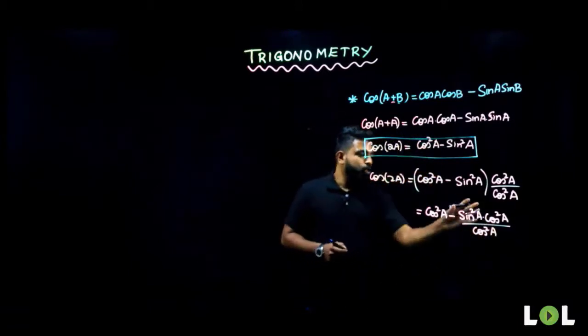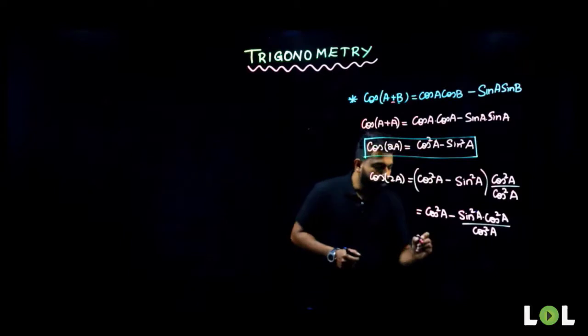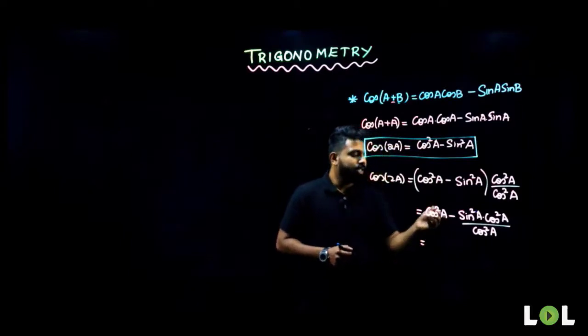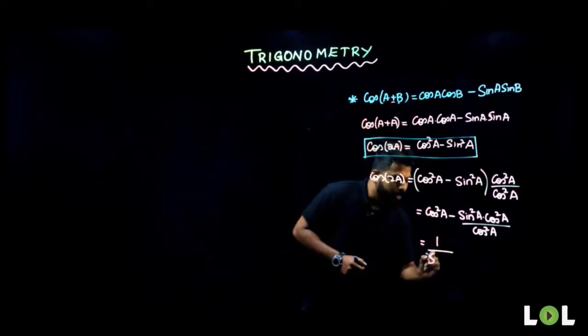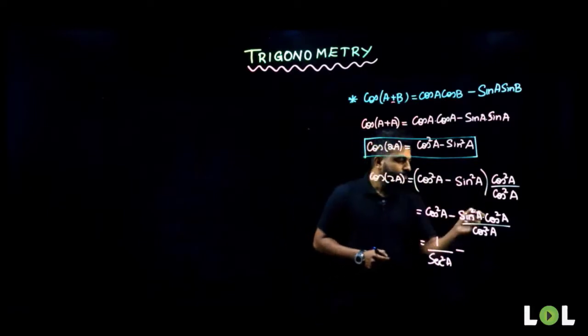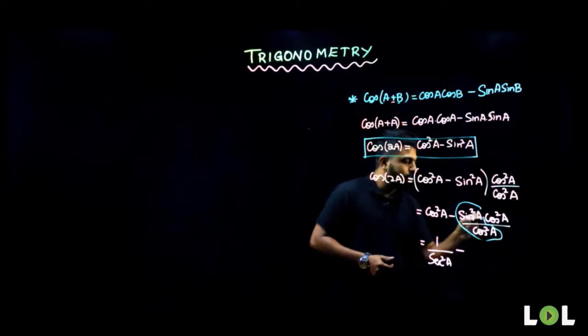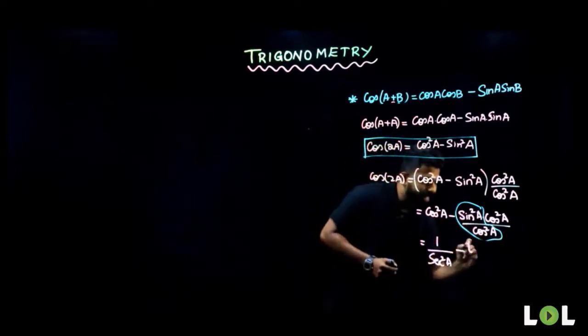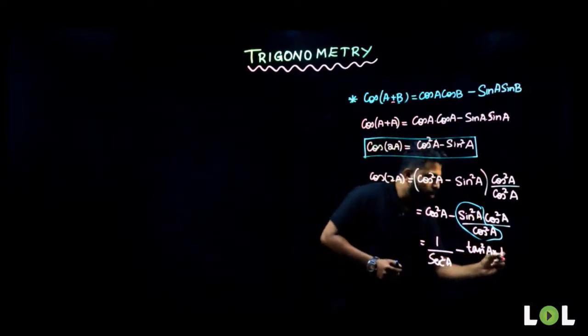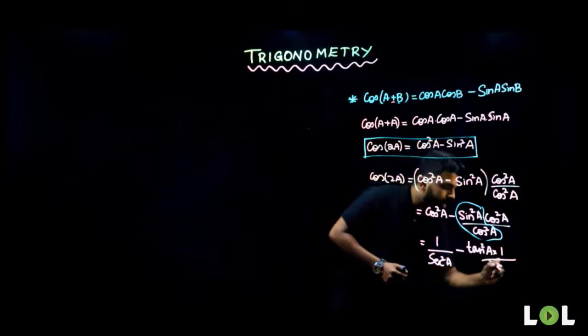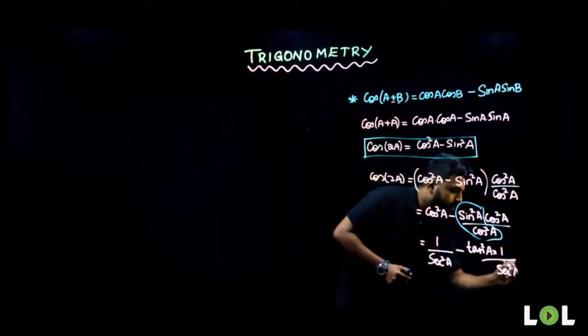Now what can I write sin square a by cos square a as? I can also write it as tan square a. Look at this. What can I write cos square a as? I can also write it as 1 by secant square a, minus sin square a by cos square a, which can also be written as tan square a, into, similar to this, I'll write my cos square a as 1 divided by secant square a.